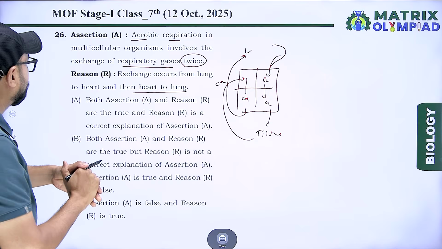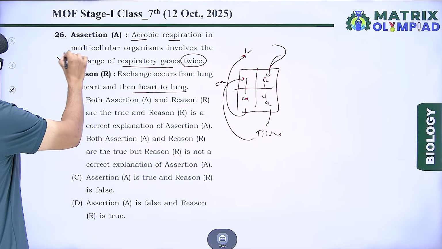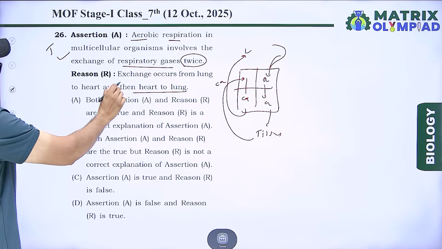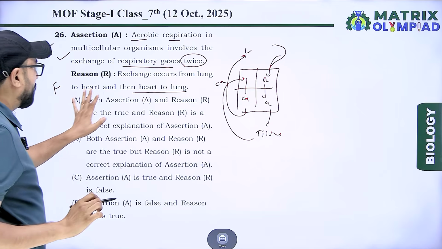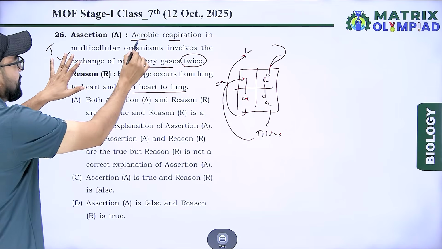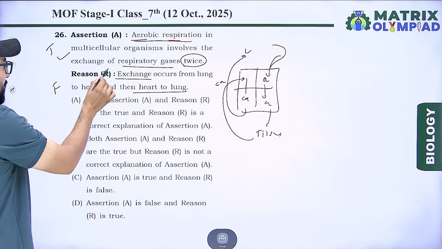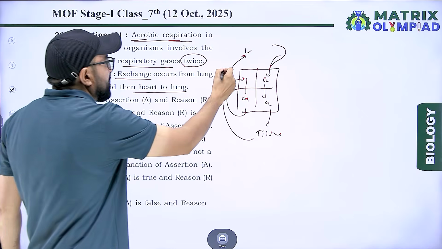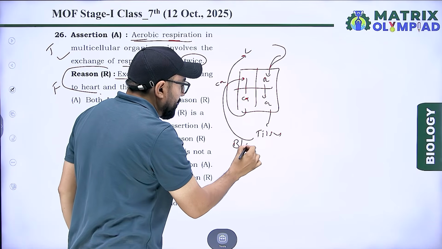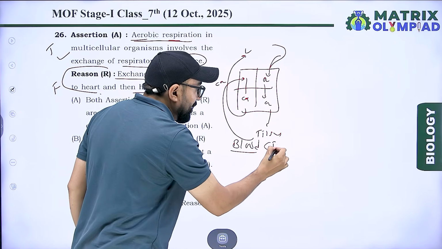According to this, assertion A is true, but the reason is false, because this is aerobic respiration, this is gas exchange, but the reason explains blood circulation, not gas exchange.